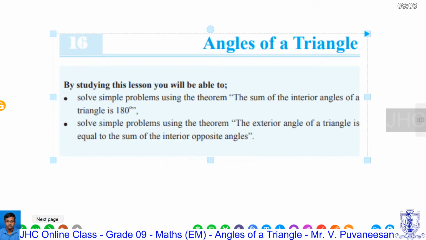By studying this lesson, you will be able to solve simple problems using theorems: the sum of the interior angles of a triangle is 180 degrees, and the exterior angle of a triangle is equal to the sum of the interior opposite angles. This is a new relationship in a triangle. One exterior angle is equal to the sum of the interior opposite angles. We will see.